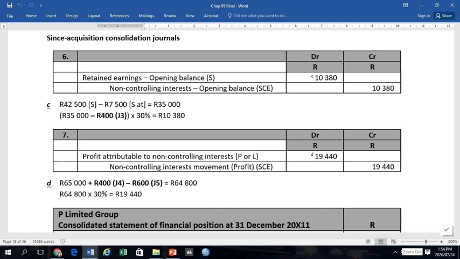Journal 7 attributes a portion of the current year profit of the subsidiary to my current year NCI movement. My starting point is the trial balance profit of the subsidiary. From chapter 4, we remember that we adjust the profit of the subsidiary for the effect of those consolidation journal entries that first of all do change group profit and secondly change the profit of the subsidiary to achieve that change to group profit.